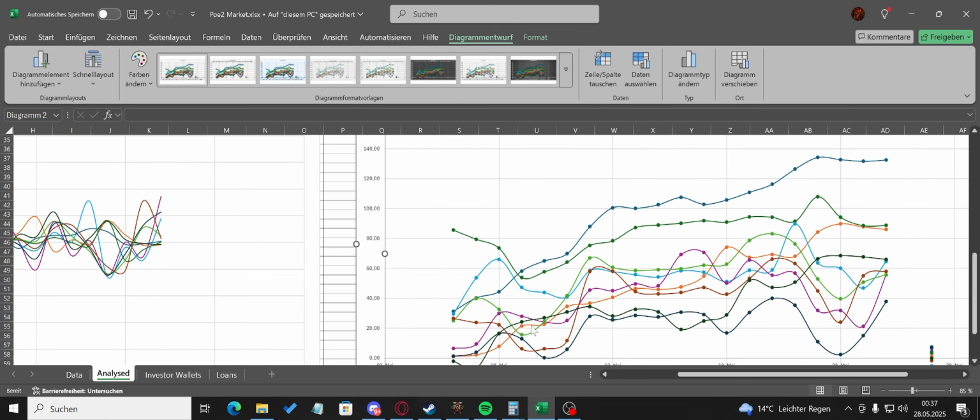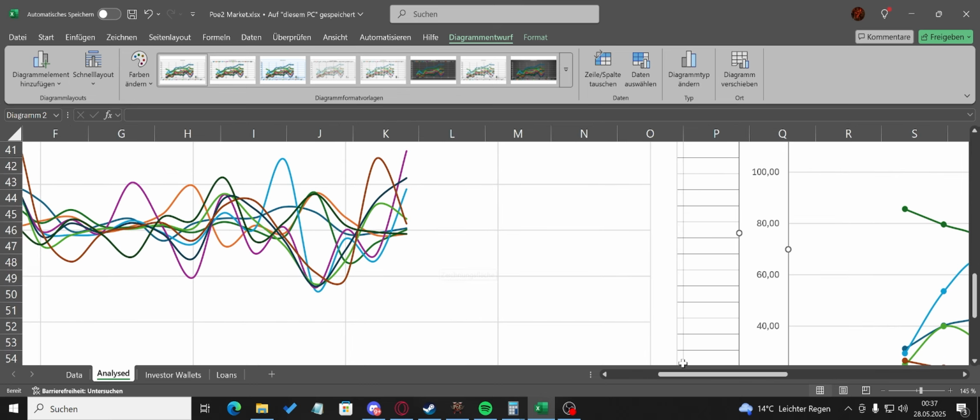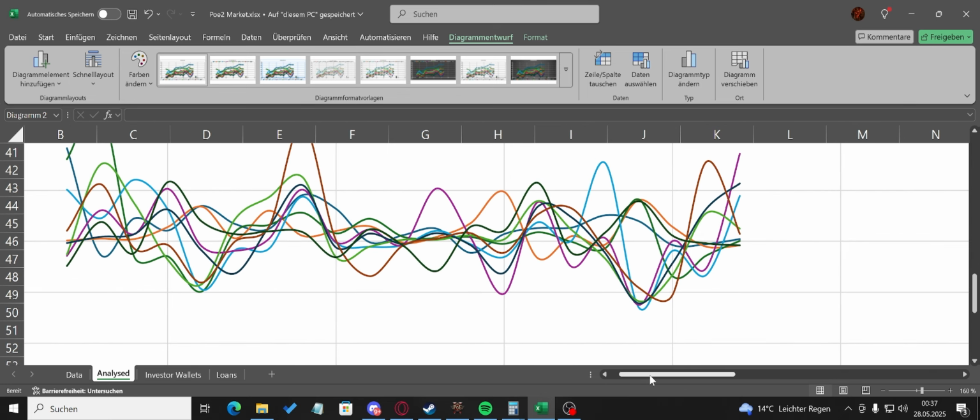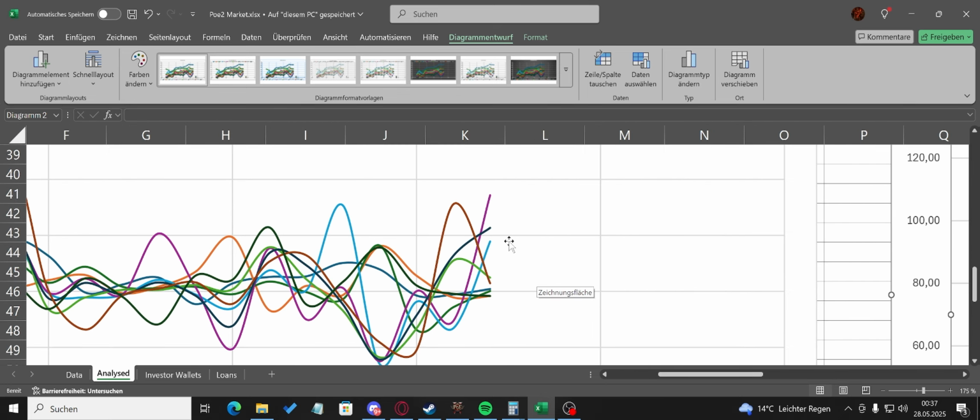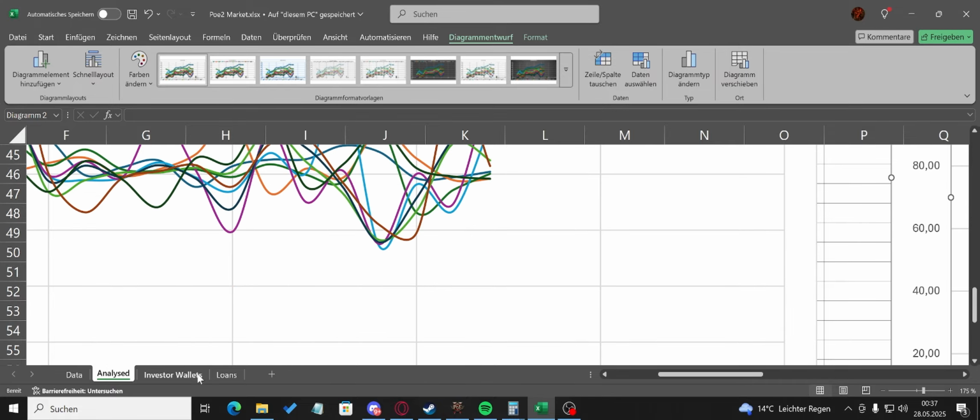If we look at the short-term development graph, we can see a couple of interesting things. Omens are going absolutely through the roof. After the week had ended and there was a lot of panic selling, they went absolutely through the roof. They increased so much in price. There was a lot of profit. All of the losses that were made by the patch, you can also see in the investor wallets.